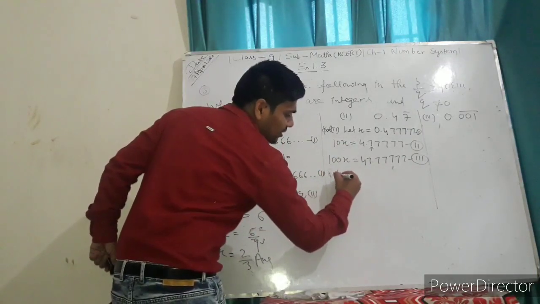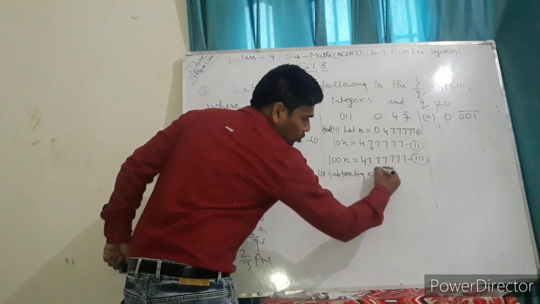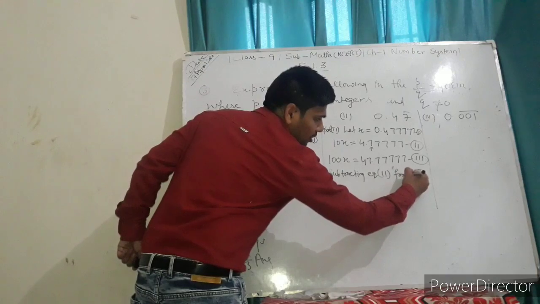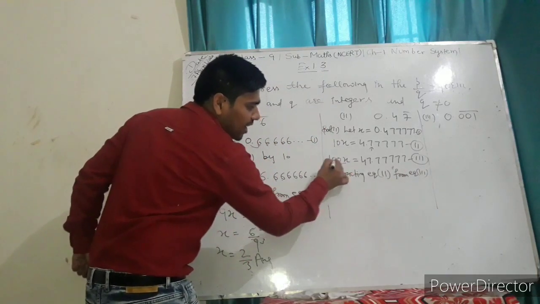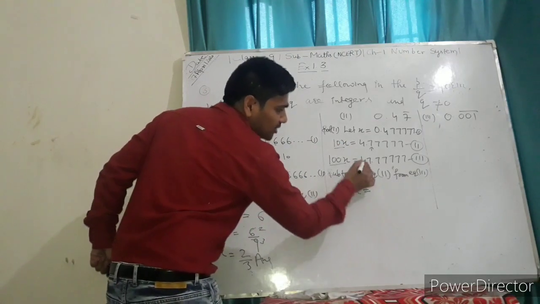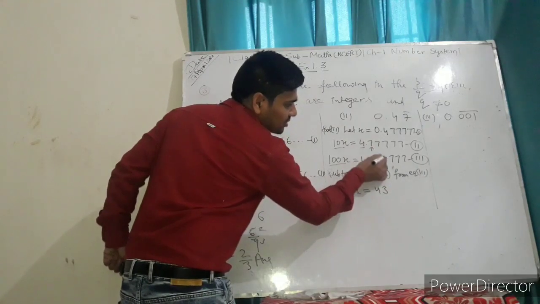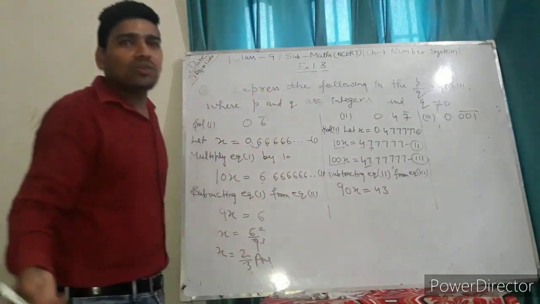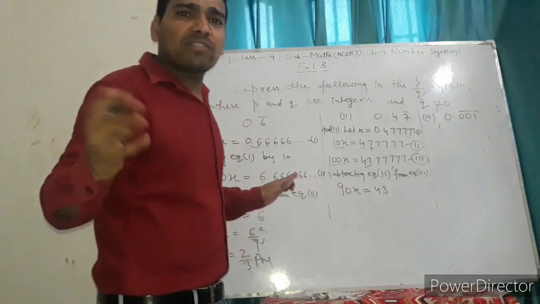Now what you see here, you can subtract equation 2 from equation 3. So subtracting equation 2 from equation 3, you will get 100x minus 10x. This is 90x is equal to 47 minus 4. This is 43, and here it will also be 0, and there is no value, so there is no need to write the 0 after the decimal.